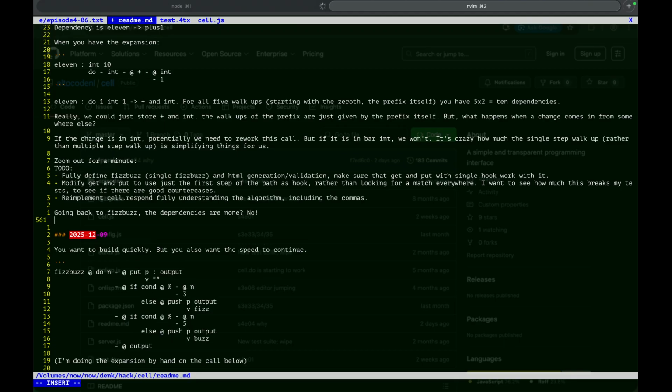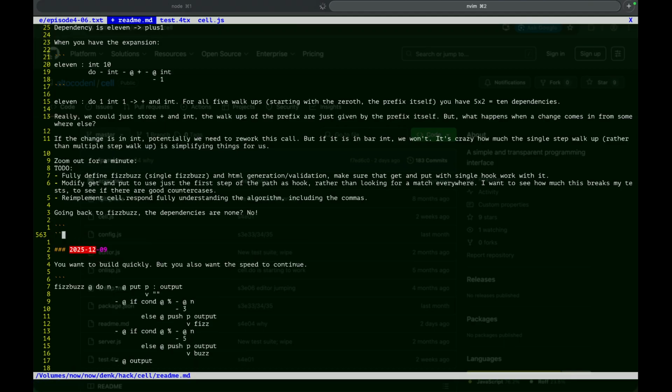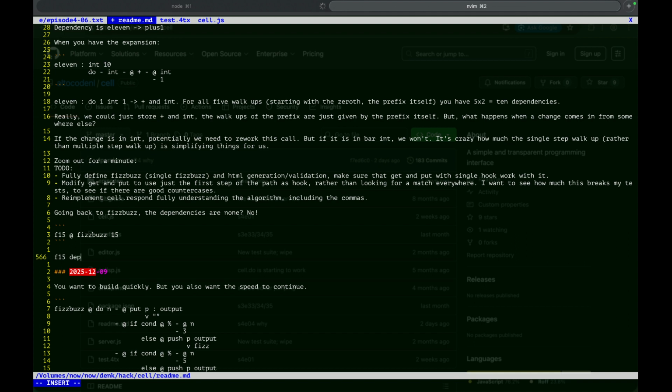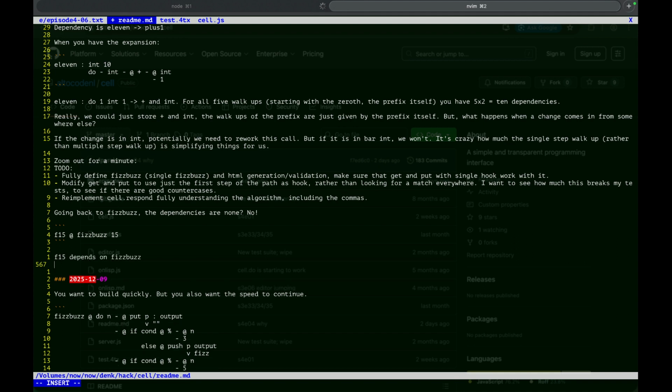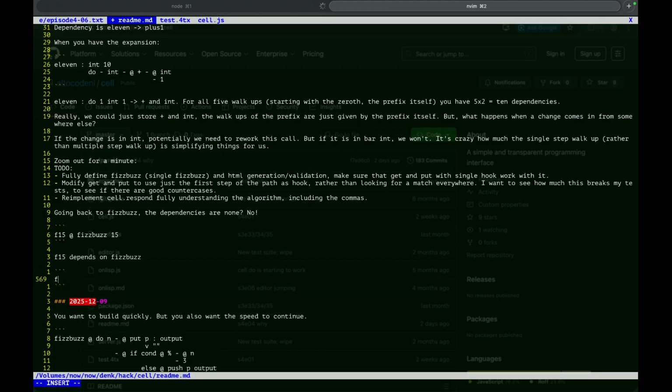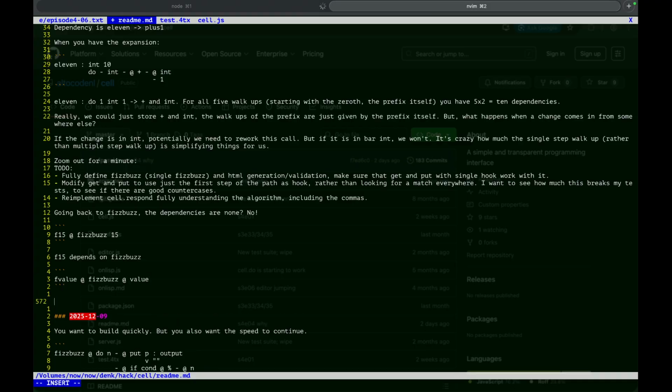F15 is at FizzBus 15. 15 depends on FizzBus. The value depends on FizzBus and value.